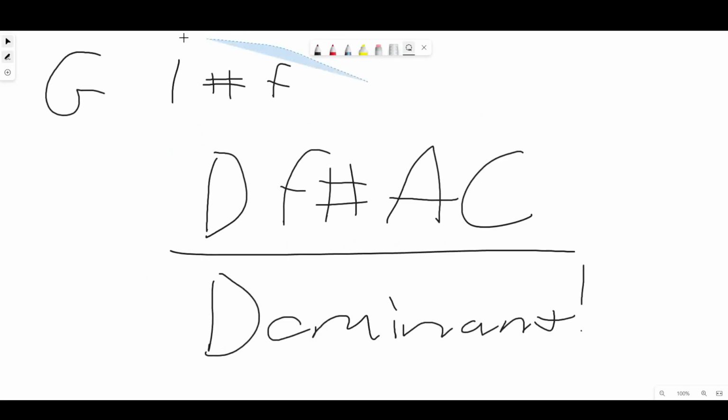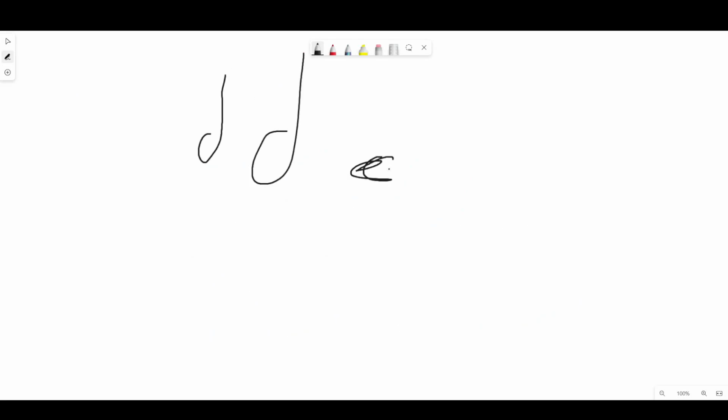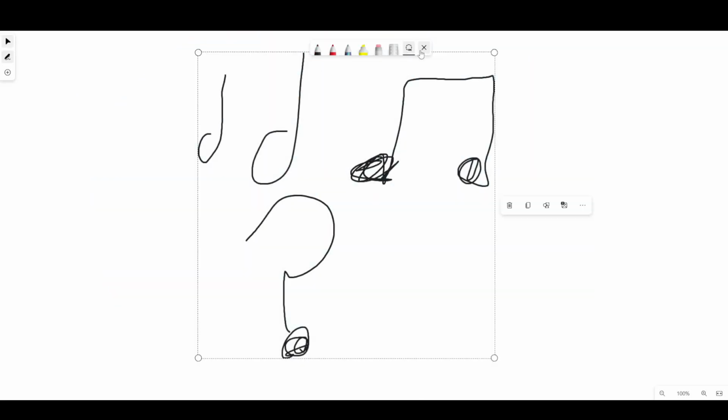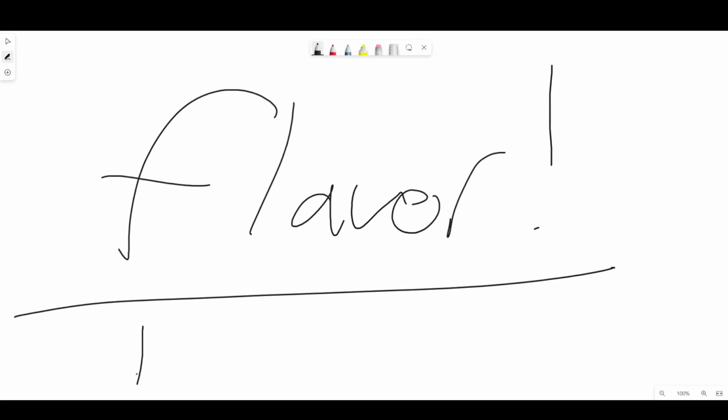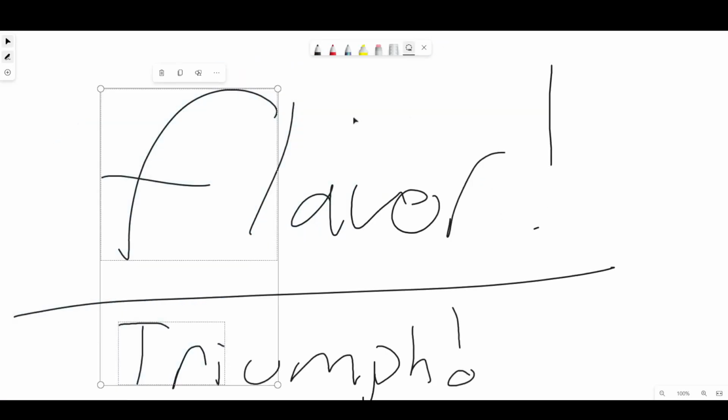That is only building the chord, however. How is it used? Well, in music, it can be used for extra flavor, to add triumph and resolution in different places than we could before.